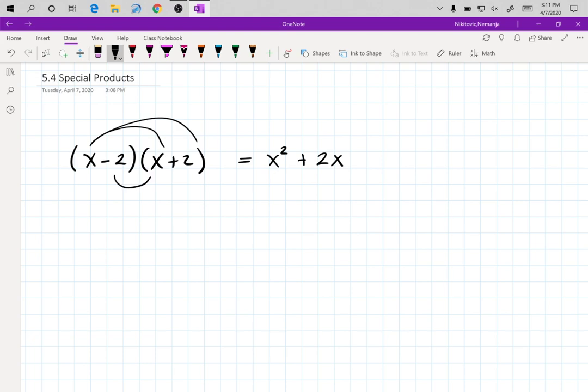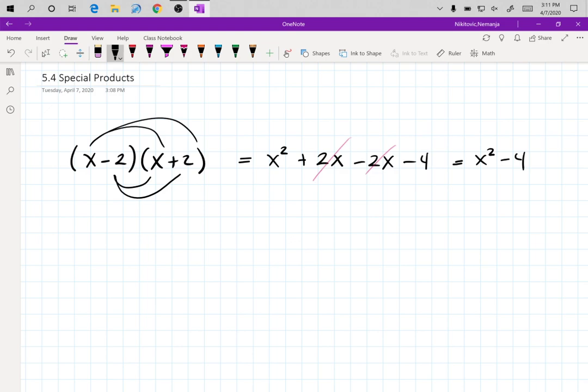Then we have negative 2 times x to give us negative 2x. And finally, negative 2 times positive 2 is negative 4. Now, these cancel as like terms, and we get x squared minus 4. We just used what we learned last class. There's nothing new, nothing special.